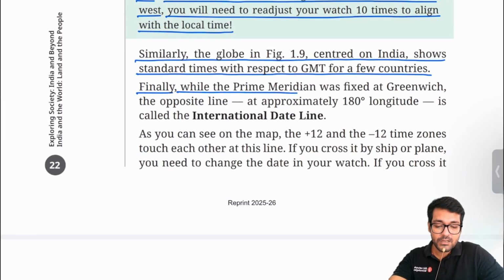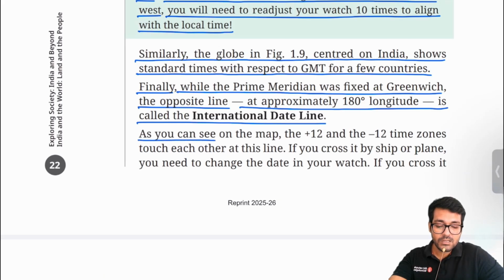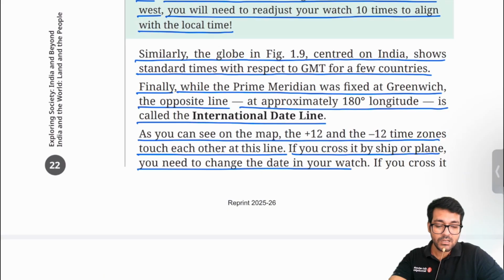Finally, while the prime meridian was fixed at Greenwich, the opposite line at approximately 180° longitude is called the international date line. As you can see on the map, the plus 12 and the minus 12 time zones touch each other at this line. If you cross it by ship or plane, you need to change the date in your watch.